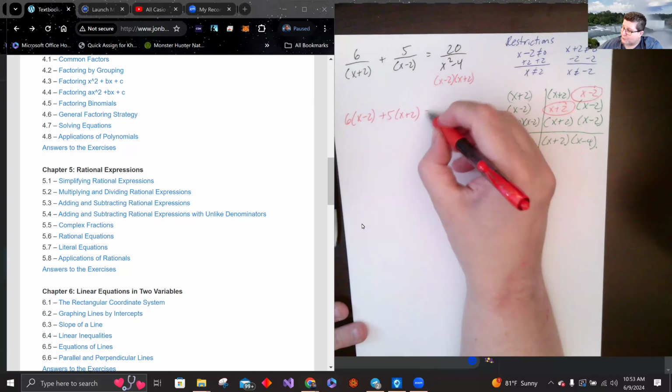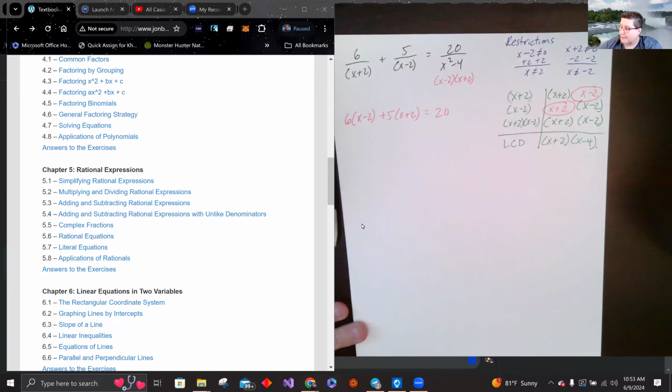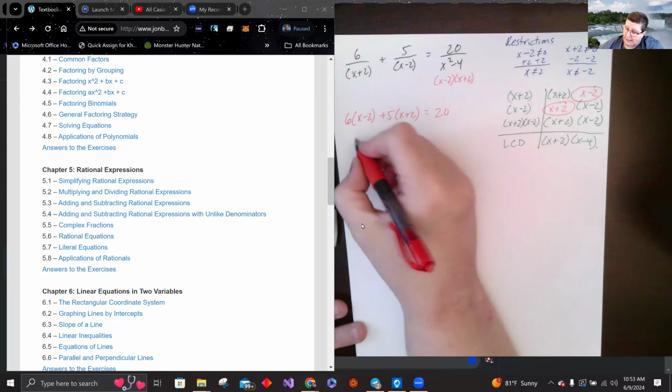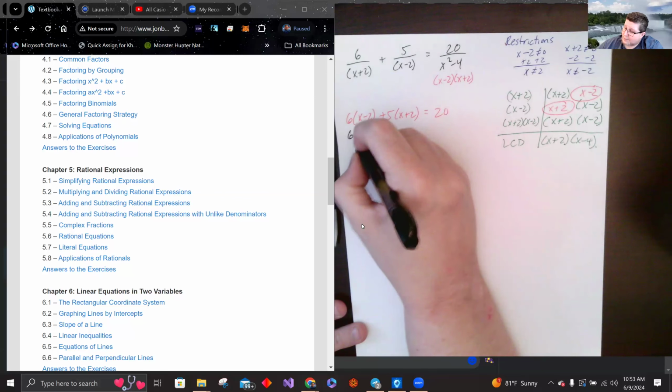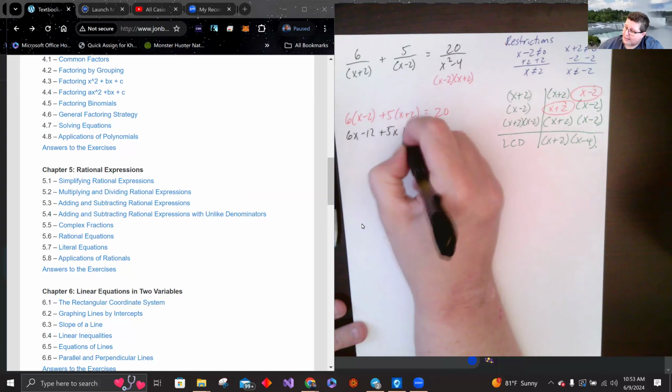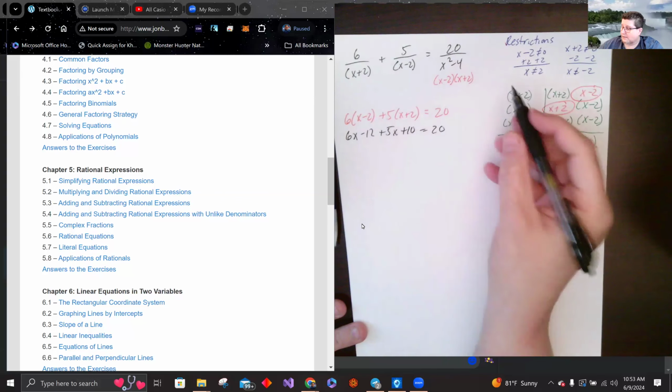And the x squared minus 4 is not missing anything, so we just drop the denominator. All right, we will distribute: 6x minus 12 plus 5x plus 10 equals 20. I combine like terms, I get 11x minus 2 equals 20.